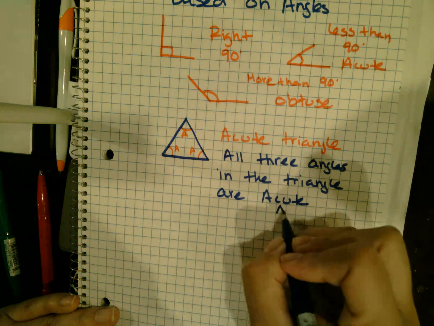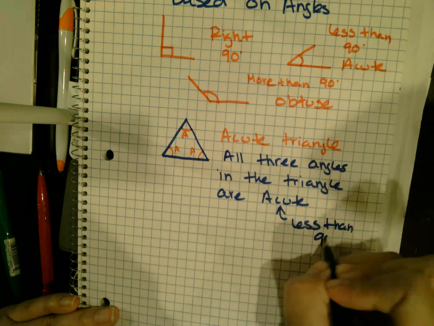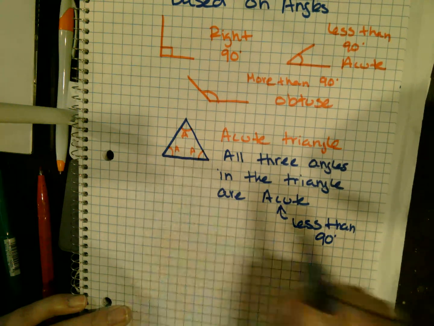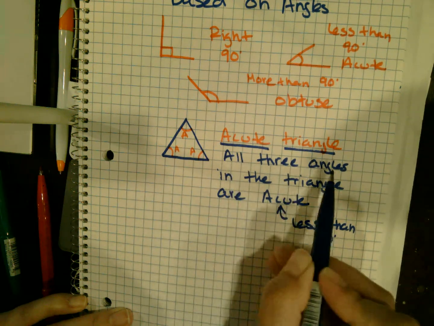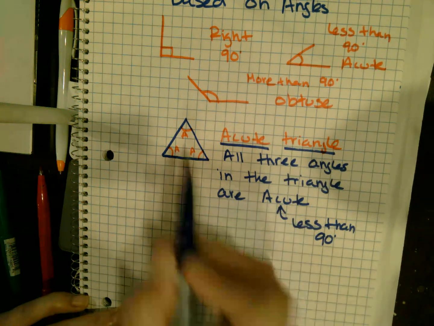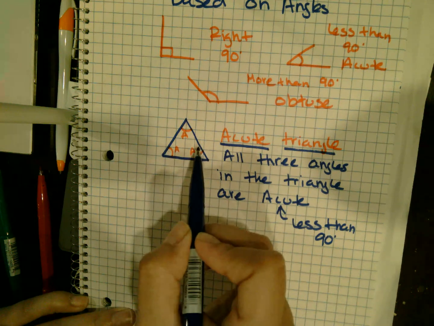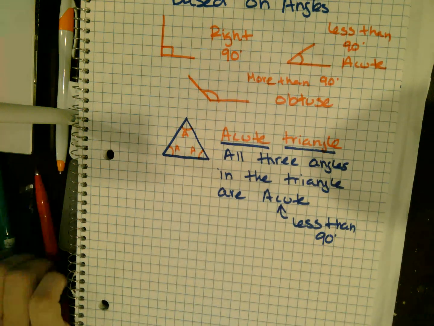What does that mean? Less than 90 degrees. So all three angles are less than 90 degrees. So therefore we call it an acute triangle because all three angles in the triangle are acute. If all the three are less than 90, then we call it an acute triangle. All three of them. All right.